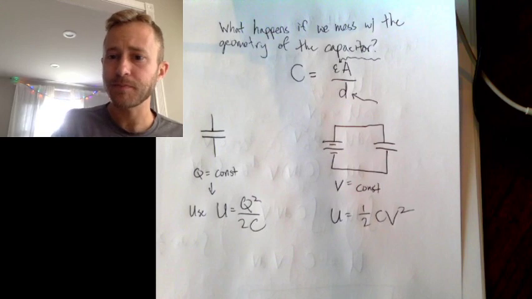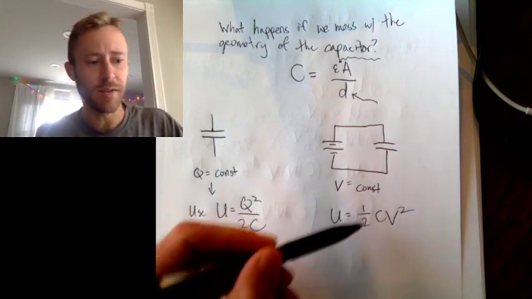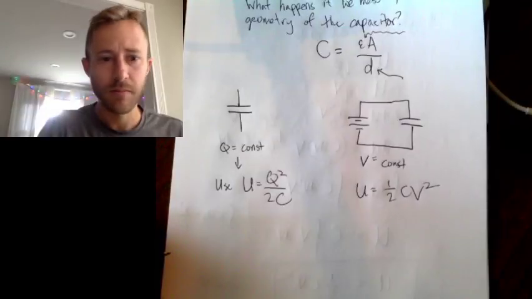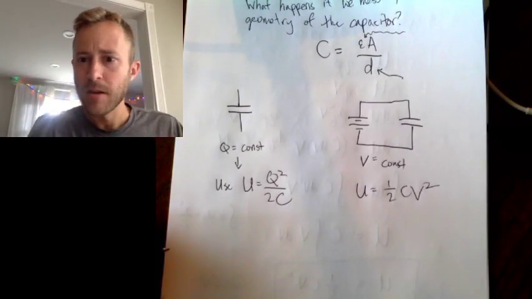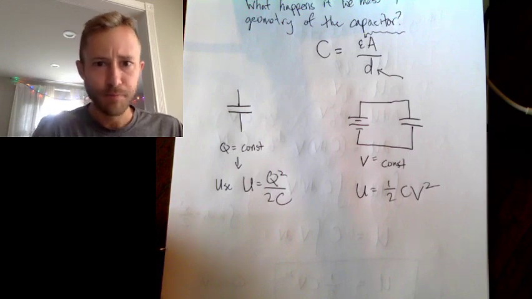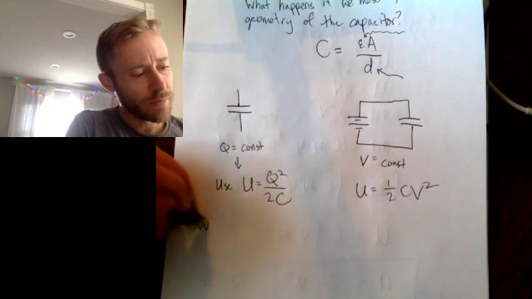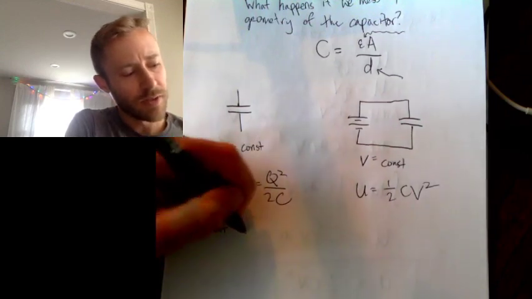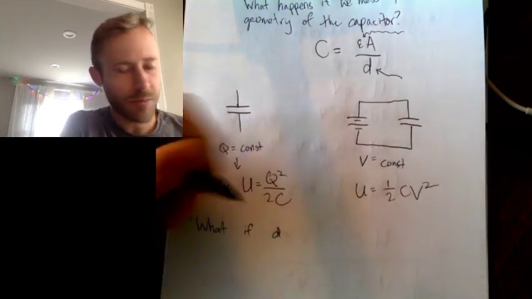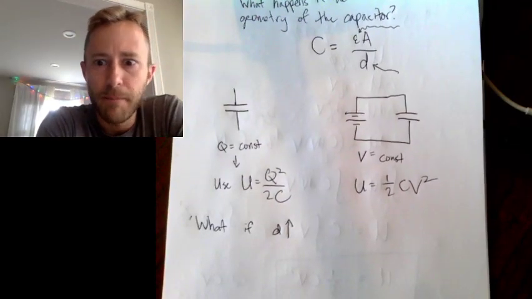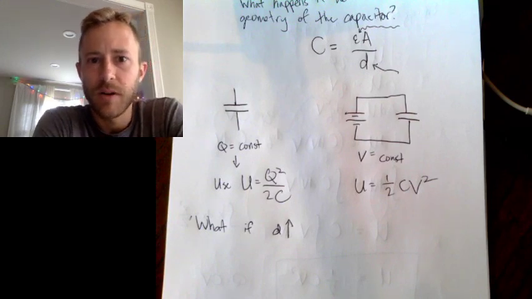So we're using the equation 1/2 CV squared because a battery is going to fix the voltage. Now we want to ask the question, what if the distance between the capacitor plates goes up? What would that do to the capacitance?